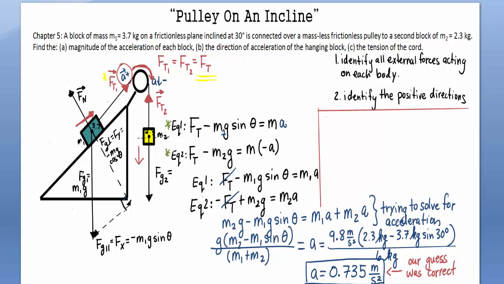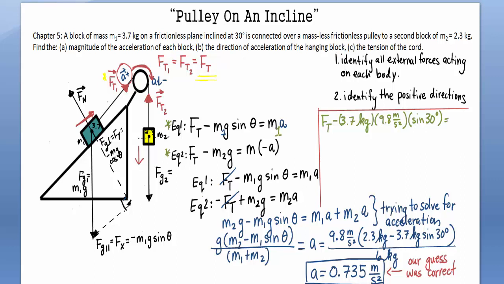So let's use equation 1 and say that Ft minus, I'm going to go ahead and put in my numbers, M1 is 3.7 kilograms times 9.8 meters per second squared times the sine of 30 degrees, and that is equal to the mass of number 1.